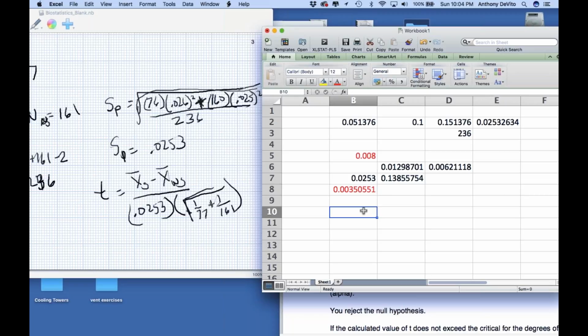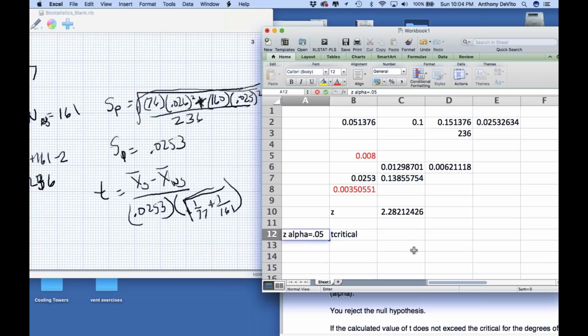So my z-score or my t-score could be either one in this case because the sample size is very large. I could just simply use z here. And my z-score is equal to 0.008 divided by 0.0035, which is equal to 2.28. Anybody remember what t critical or what z was for alpha equal to 0.05?